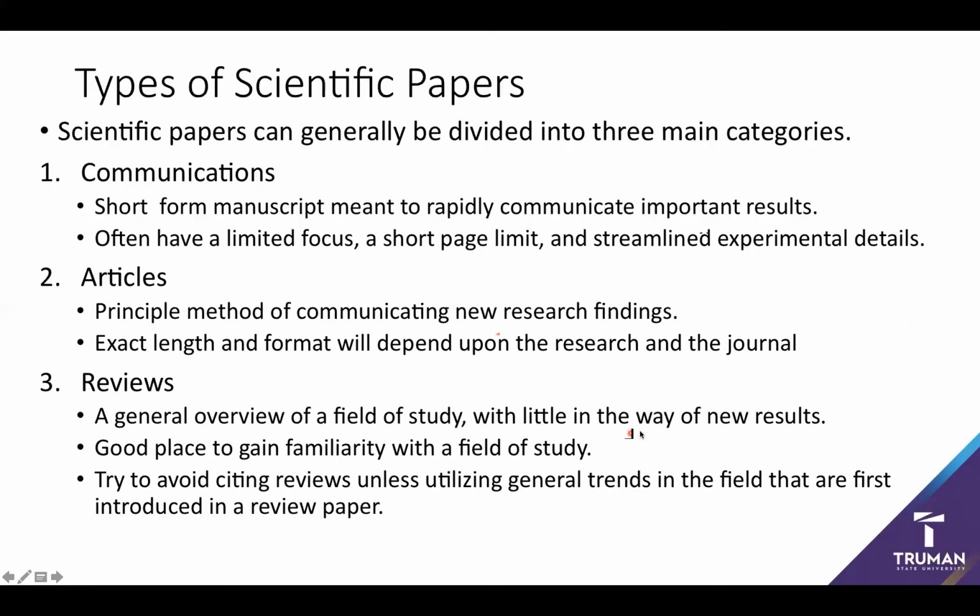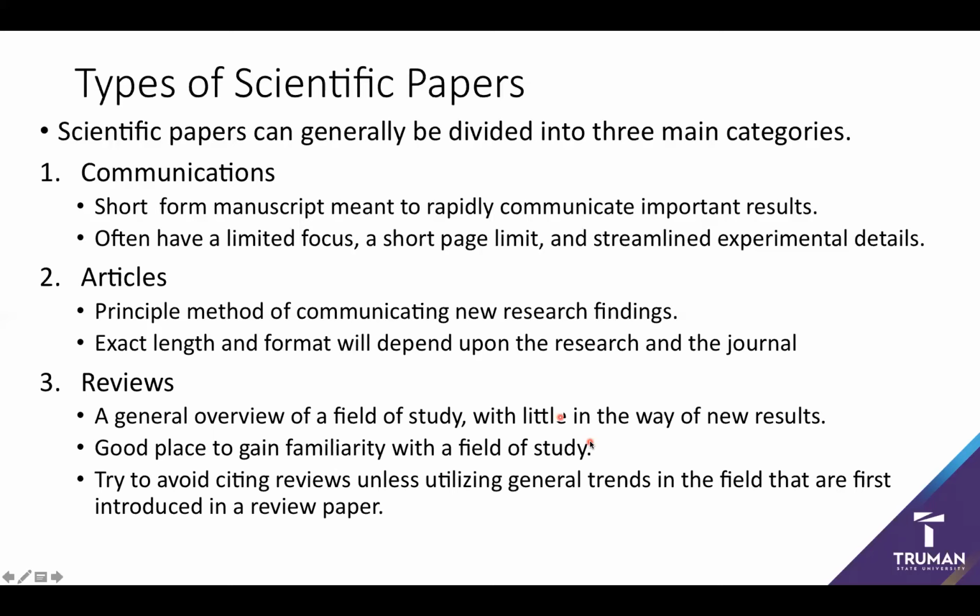Oftentimes these have very little new results, though occasionally you're going to find a review article which is trying to tie together a series of results that have been in previous articles, and then does a short meta study, essentially putting all of these analyses next to each other with some very limited new information about how the various new methods or findings stack up against each other.